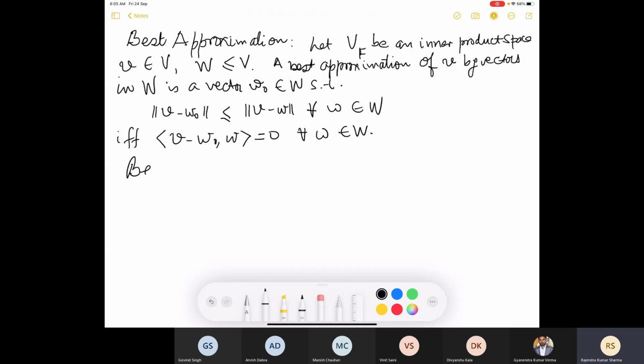The best approximation W naught is unique.